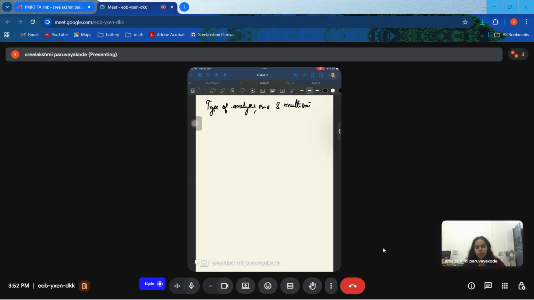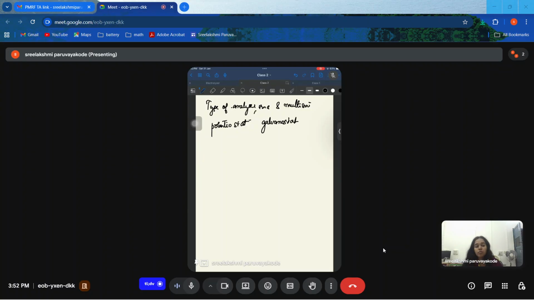So in order to do the impedance experiment, we require a potentiostat or a galvanostat.